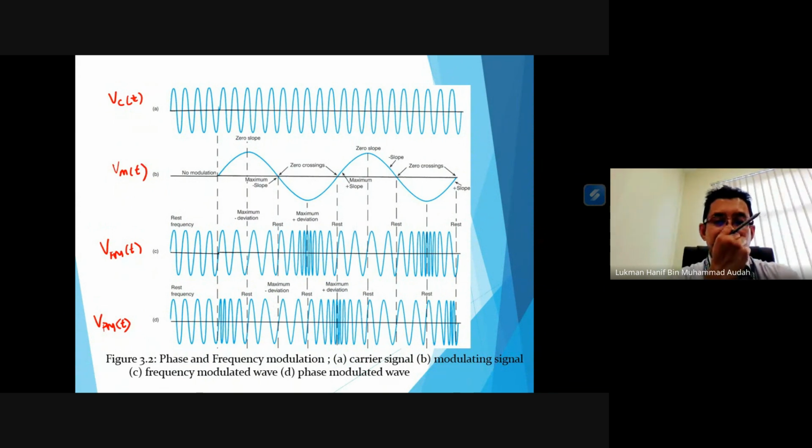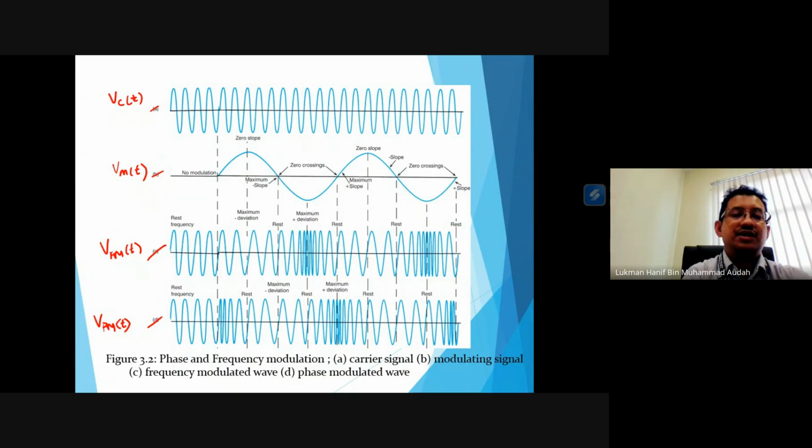If I just give you picture C and D, it is difficult to differentiate whether this is an FM or PM signal. If you are only given two signals side by side, you cannot differentiate because they look similar. In order to differentiate, we need two other reference signals: the first is the carrier and the second is the modulating signal, the input signal.